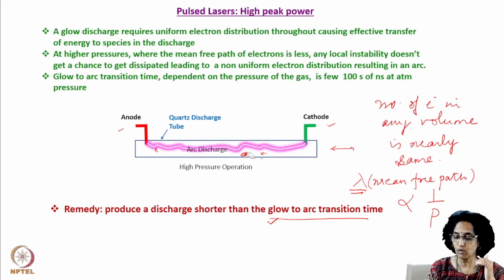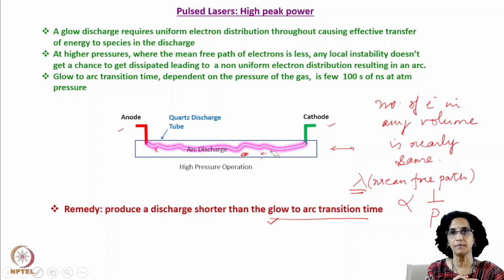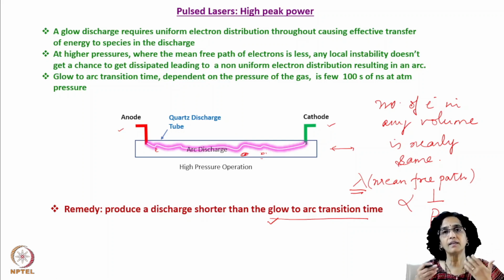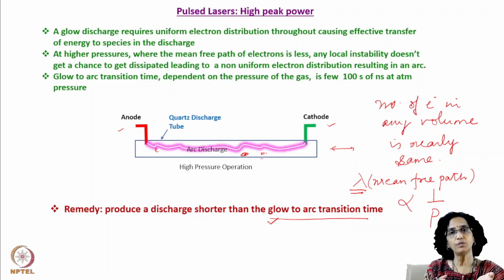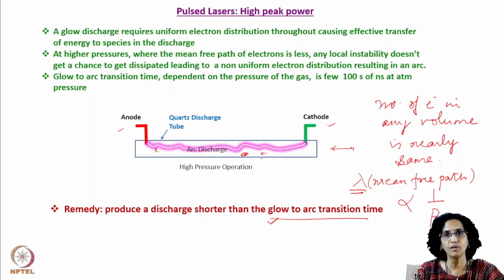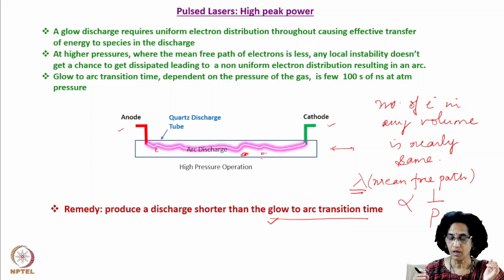So this glow to arc transition time reduces with increasing pressure. At low pressures, like 10 millibar or so, we know that it remains in glow discharge because these instabilities do not have any time to aggregate. At low pressures, their mean free path is so large that they do not coalesce, they do not result in this kind of arc formation.